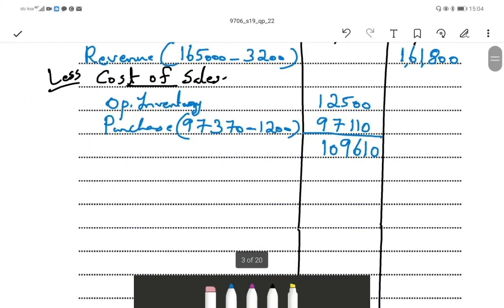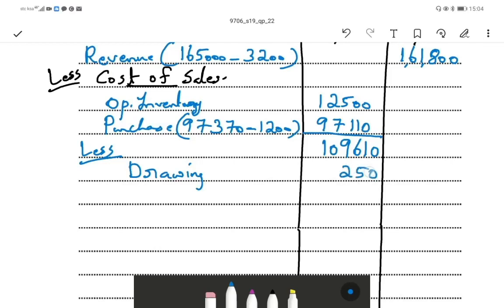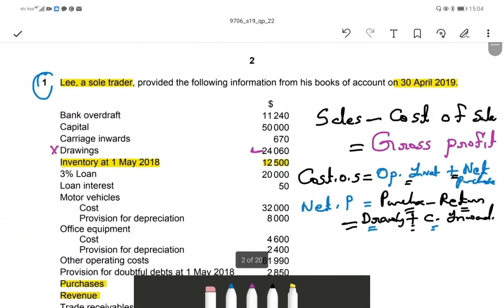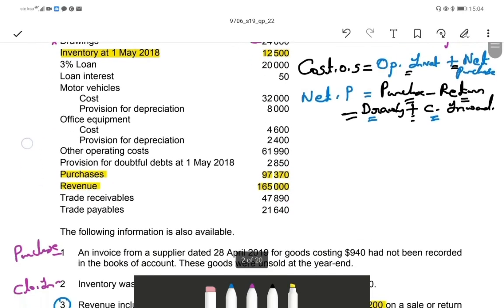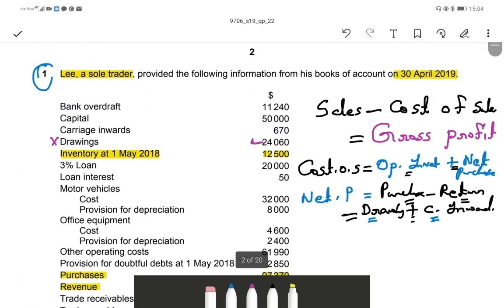So less drawing $250. Amount is 109,360. Next, any carriage invert? The next one in the equation plus carriage invert. So carriage invert we have to add. So carriage invert given in the question.